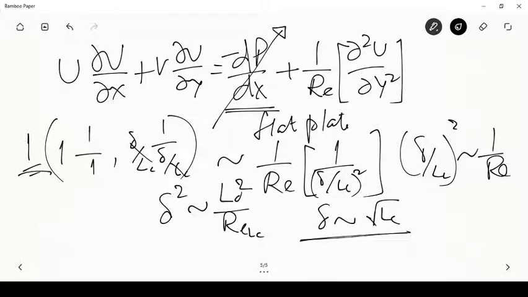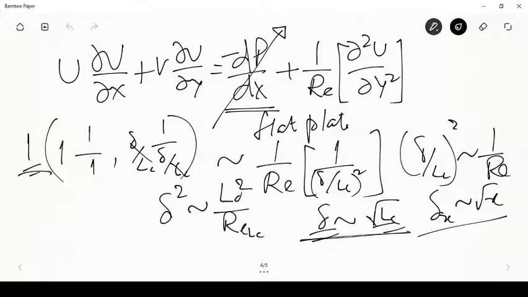So what comes out from this order of magnitude analysis is that the boundary layer thickness goes as the square root of the length, and the boundary layer thickness at any x goes as square root of x. This is something that we get.